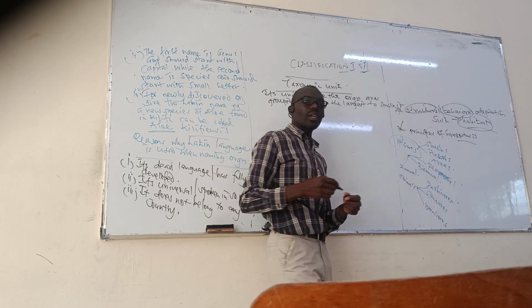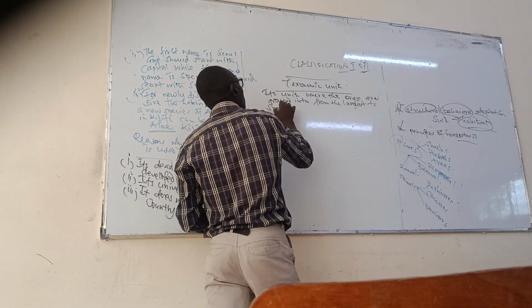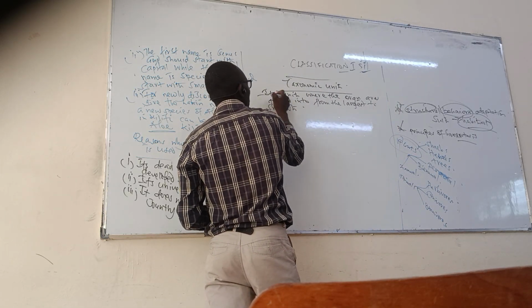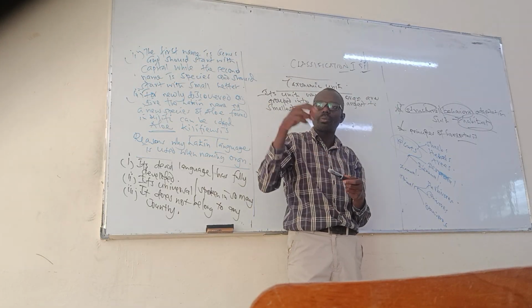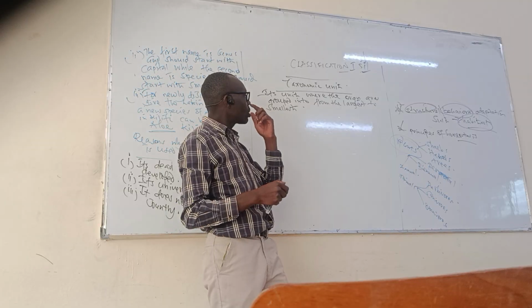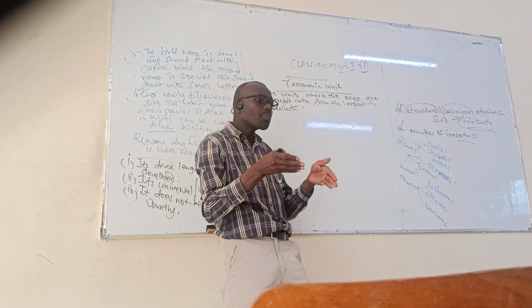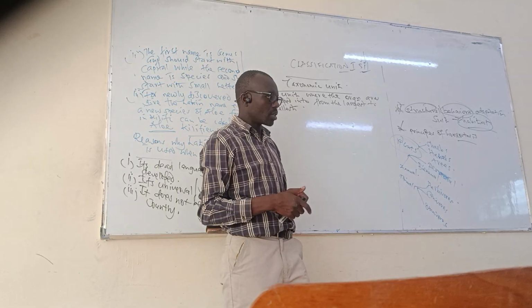So we can classify the organisms, placing them into a certain group. That group in which we place the organism is what we call a taxonomic unit. So it is a unit or group into which organisms are grouped; we have the largest and we have the smallest.